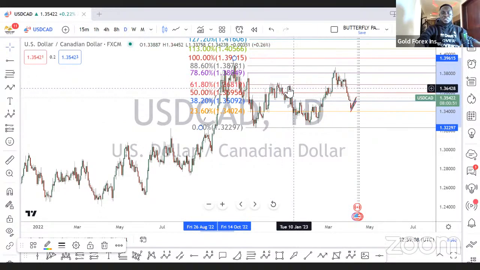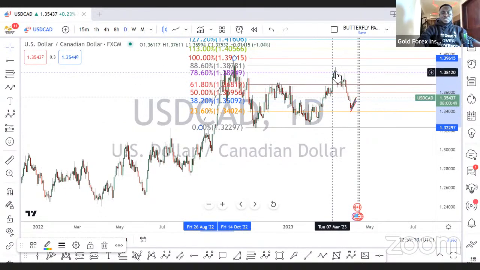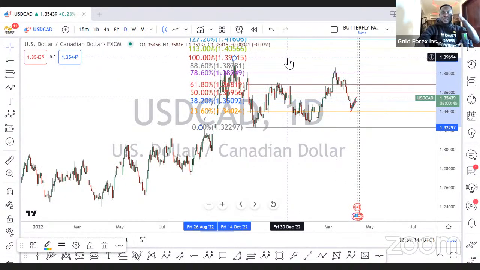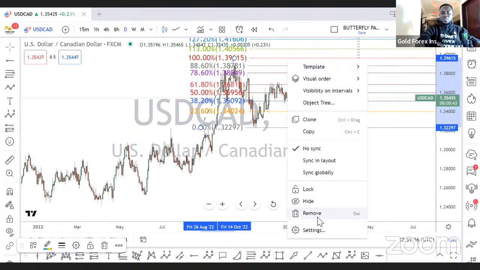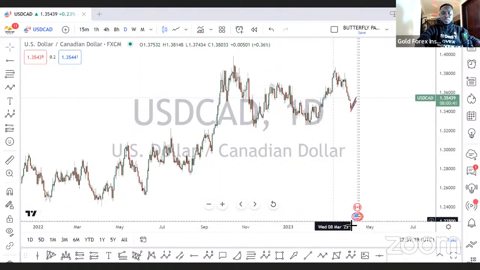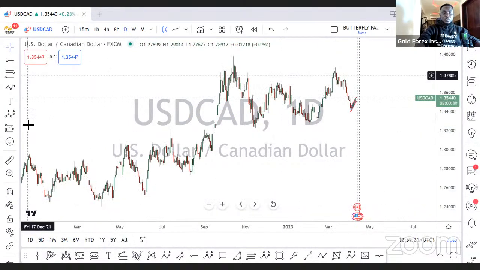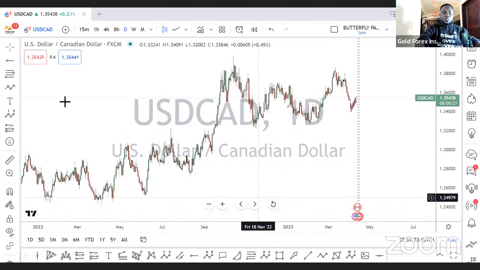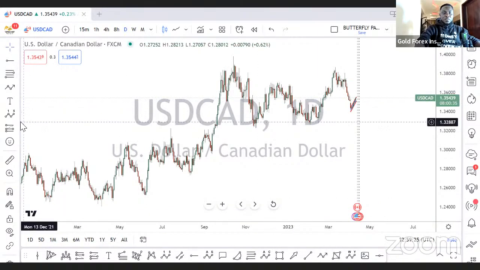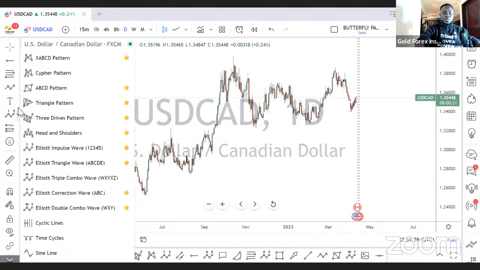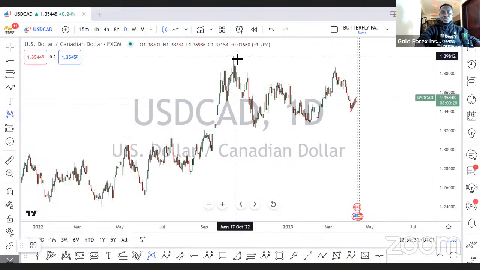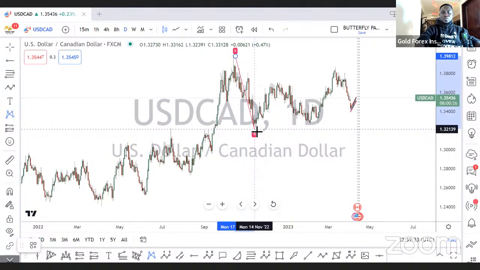So we're expecting it to retrace at 78.6, which is this level. It just hit the D of the harmonic pattern on point. It was crazy. We smashed the D of the harmonic pattern earlier on, which was this level.